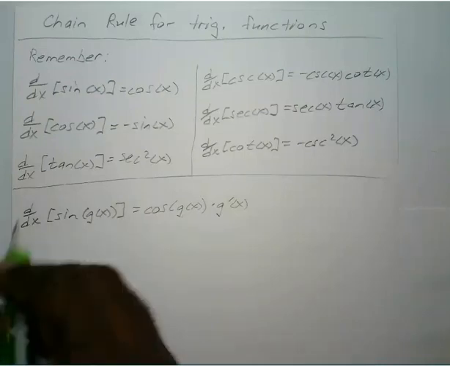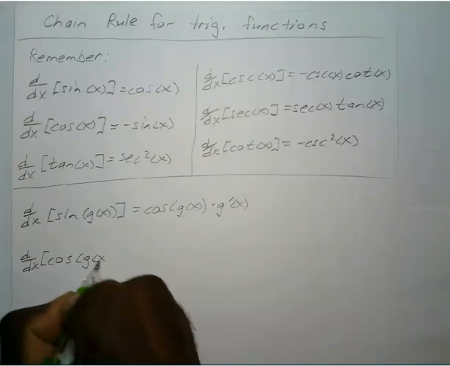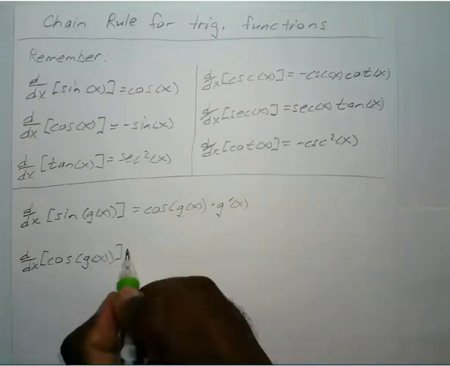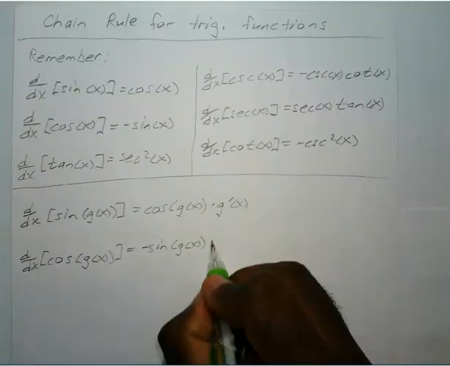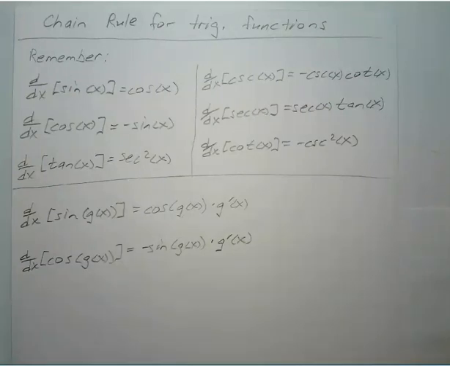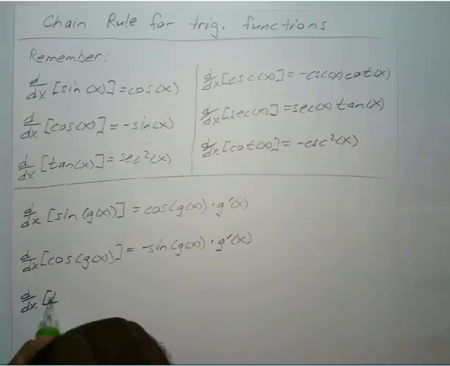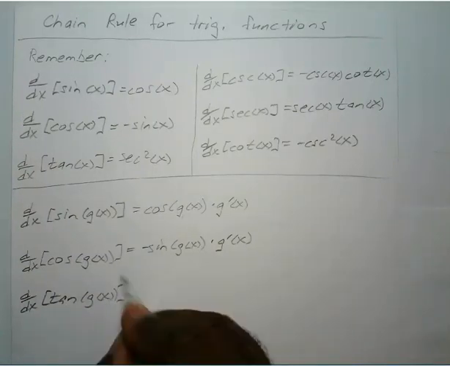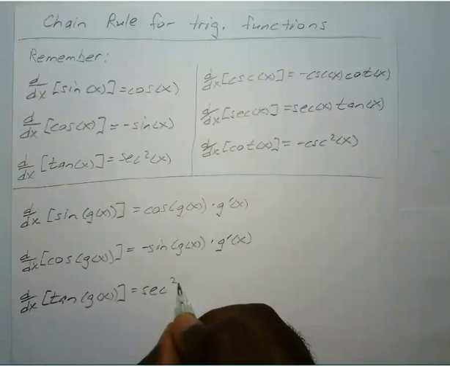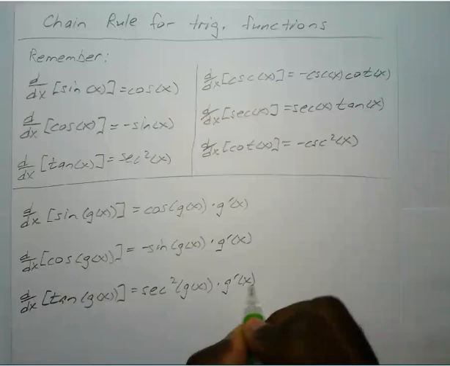It's the same thing with cosine. The derivative of cosine of that function of x would be equal to negative sine of that function of x times the derivative of that function of x. Same thing with tangent. The derivative of tangent of that function of x will equal secant squared of that function of x times the derivative of that function of x.